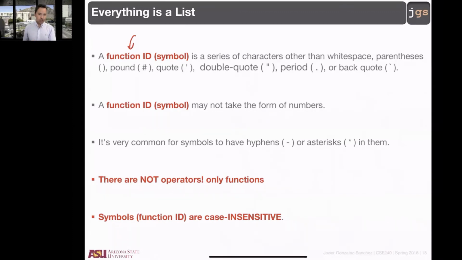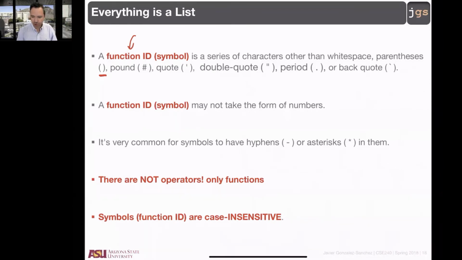I cannot use as a name for a function the symbol parentheses. It's kind of obvious, right? I am going to use parentheses to enclose the full thing. So I cannot have a function with the name parentheses. It's not going to make any sense.